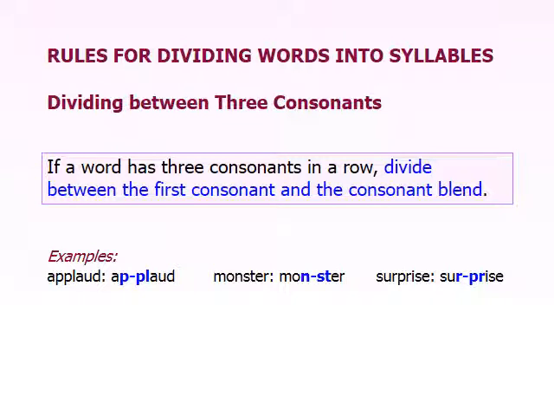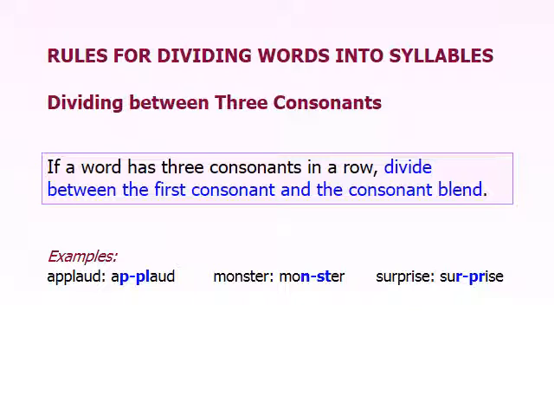If a word has three consonants in a row, you need to divide between the first consonant and then the consonant blend that follows. So, for example, in applaud, you have PPL. So your division is going to be after the first consonant.